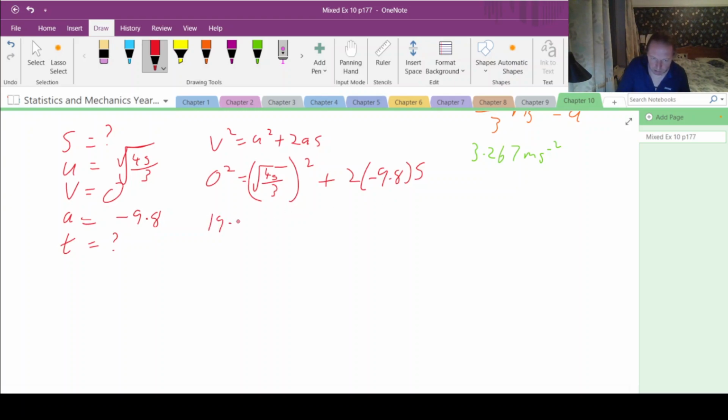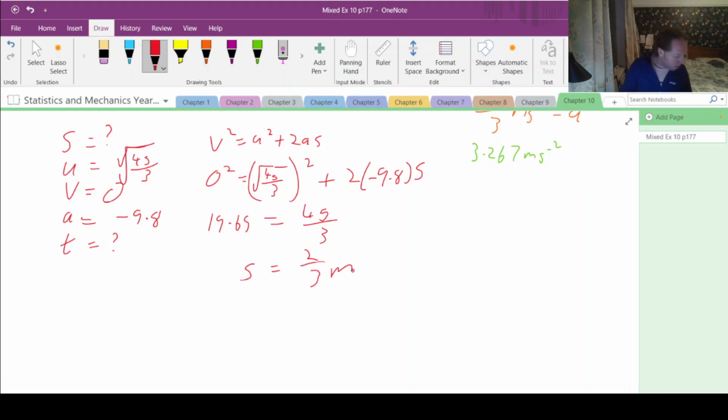So 19.6 s is equal to 4g over 3. And so 4g, 4 times 9.8 which is 39.2, divided by 3, which is 13 1/6, divided by 19.6. Okay, oh, 2/3. All right, s is equal to 2/3 meters.